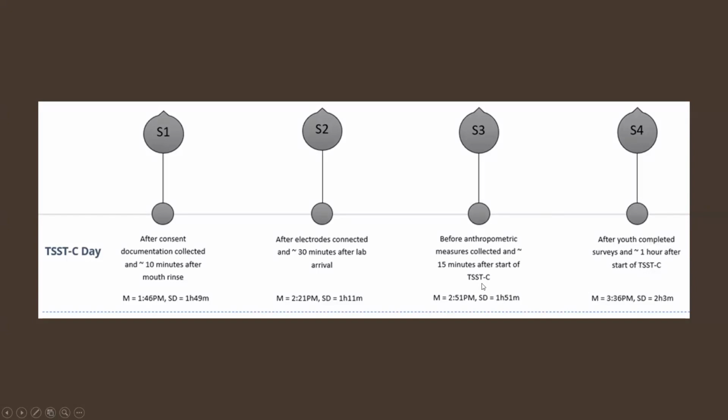This is typically where there might be a little bit of wiggle room with diurnal, maybe not getting that cortisol awakening response, or getting that second to last response. Typically with reactivity, you want to have this.